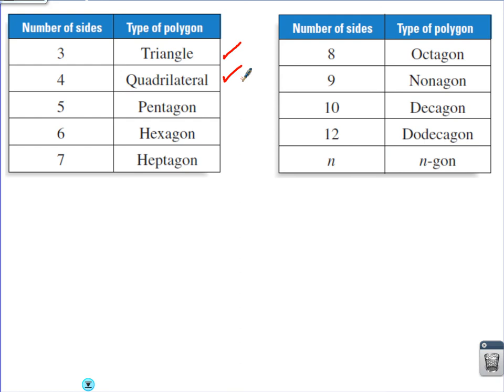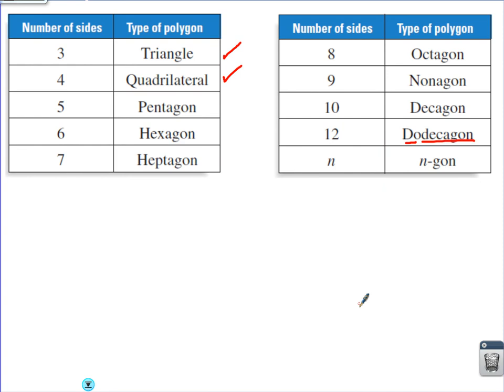If you don't know these, write them down. Any shape that has 5 sides is a pentagon, 6 sides hexagon, 7 heptagon, 8 octagon, 9 nonagon, 10 decagon, 12 dodecagon. Because look, that was 10, right? We'll add two more to it. Dodecagon is 12. What about 11? What about 13, 14, 15?